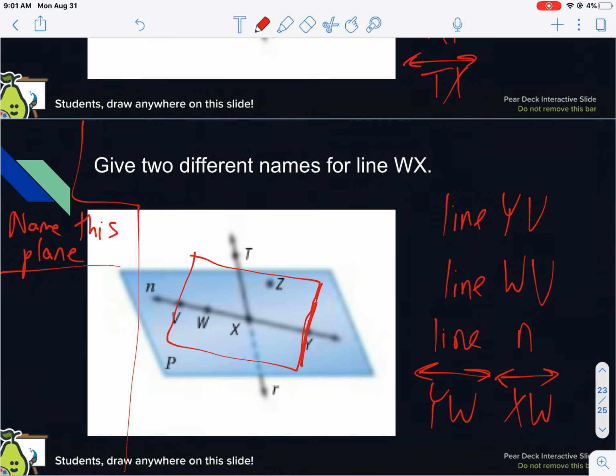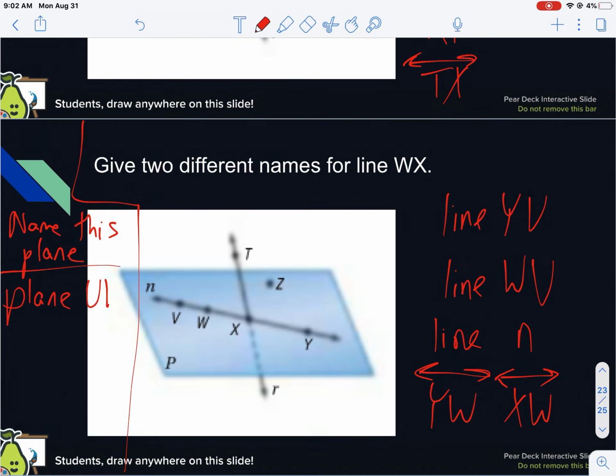The thing is, I could draw another red box going like this. I could keep drawing them. And for VWXY, you could draw infinitely many planes to represent that, okay? So we have to clarify which plane we're talking about. If you're like, what is he talking about there? Don't worry about it. Just don't name a plane with 3 collinear points, right?